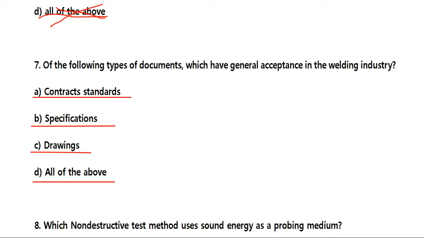In my point of view, all of the above is the right answer, but the right answer for this question is A. I don't know why, and I don't know how to explain why only A is the right answer, but the answer is A.